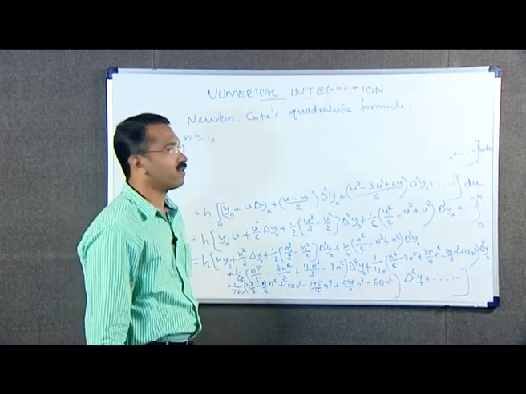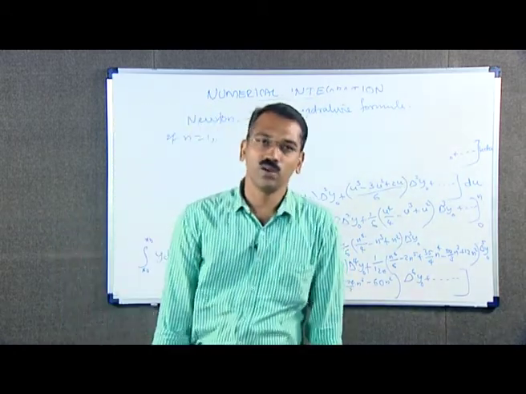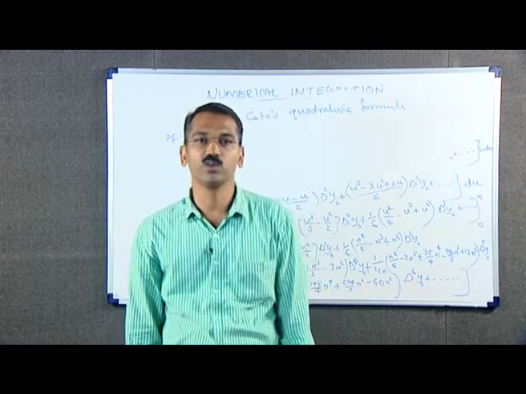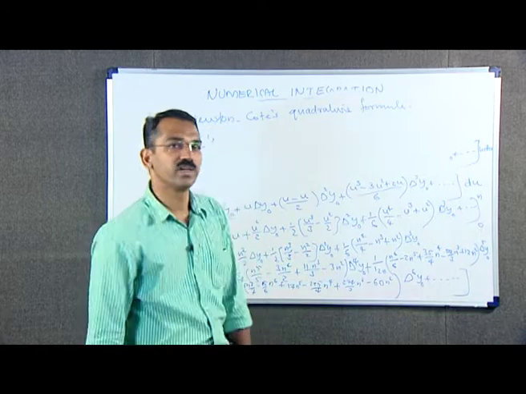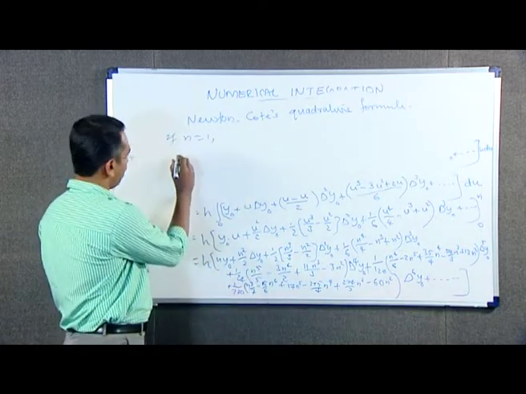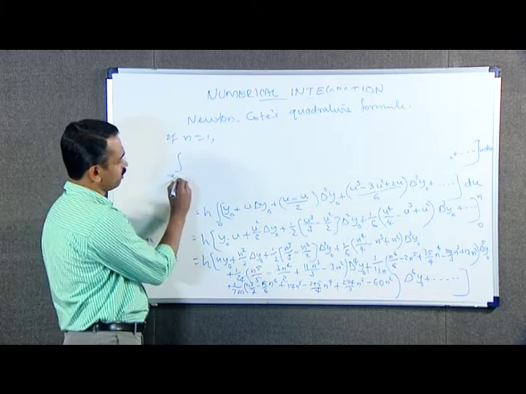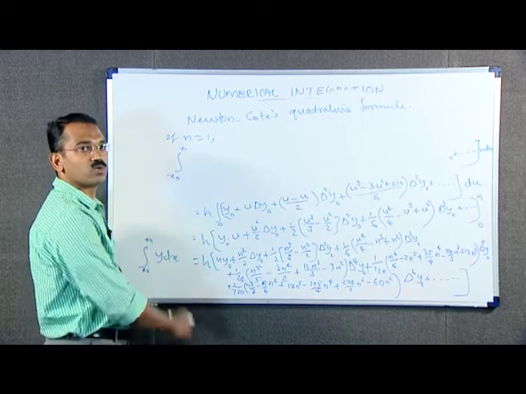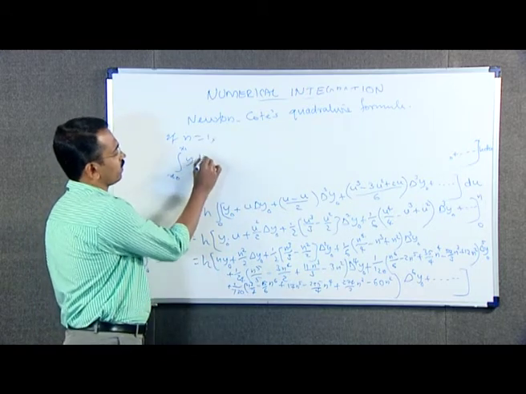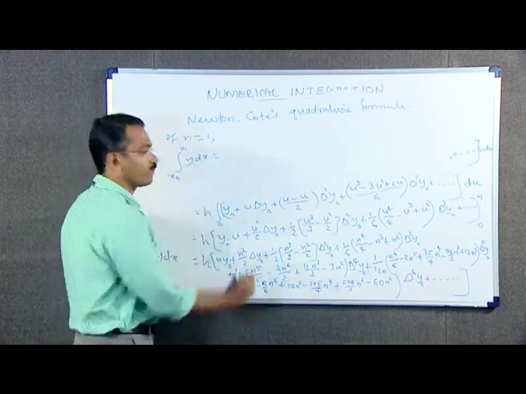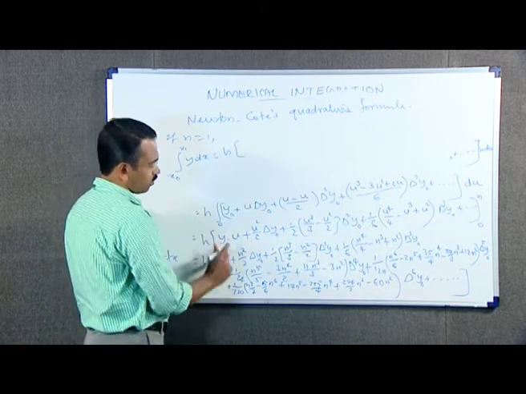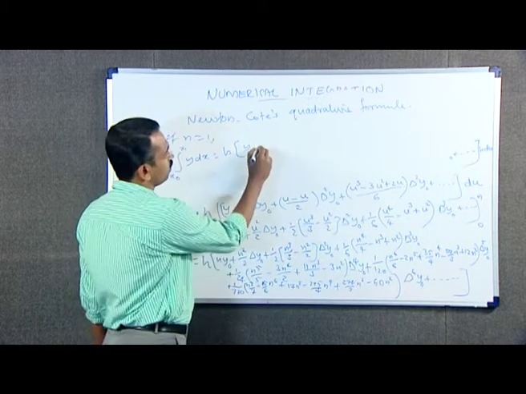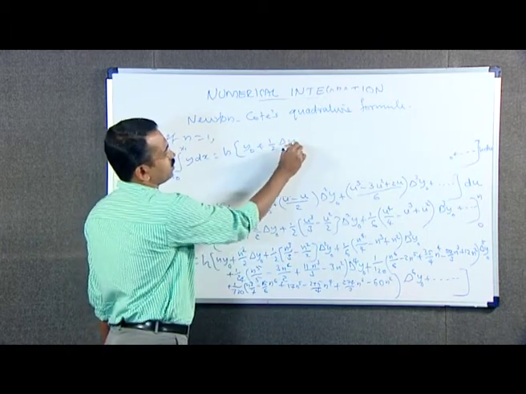In this case, we assume there are only two paired values of x and y, or that the interpolating polynomial is linear. Then the integral from x0 to xn means the integral from x0 to x1, if n equals 1. The integral from x0 to x1 of y dx is equal to h into (y0 + 1/2 Δy0).